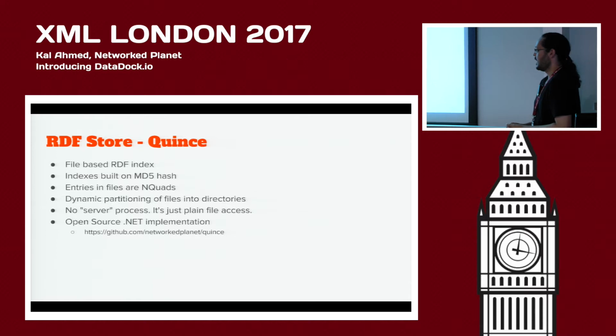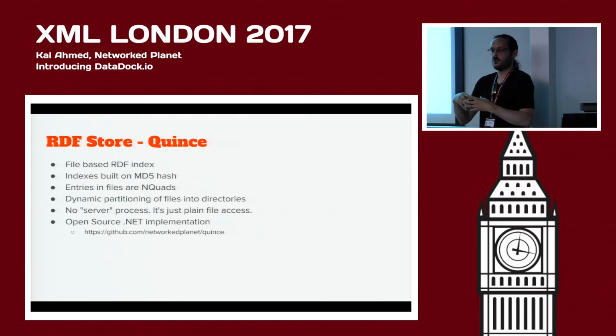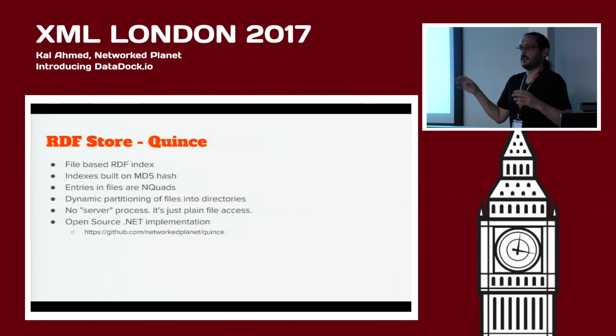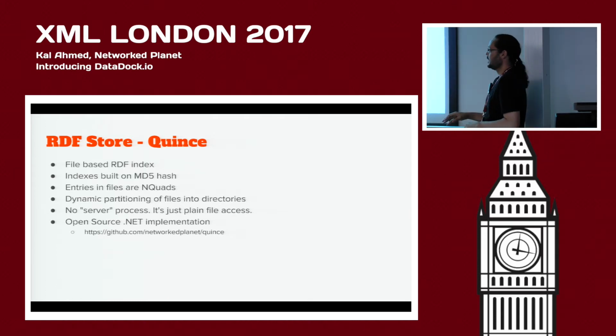We came up with this dynamic partitioning scheme where as files grow, they split and gradually migrate into a deeper and deeper hierarchy of directories, which I'll show you. The thing about Quince is there's no server. It's just files, so it's just plain file access. We open sourced our implementation of it, which you can get from GitHub as well.